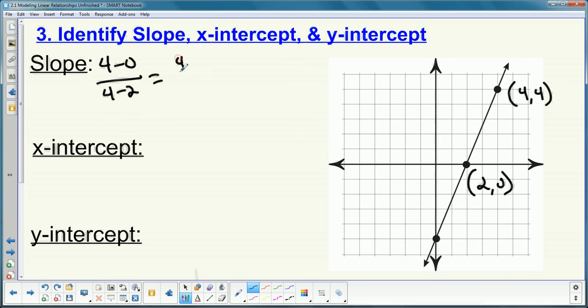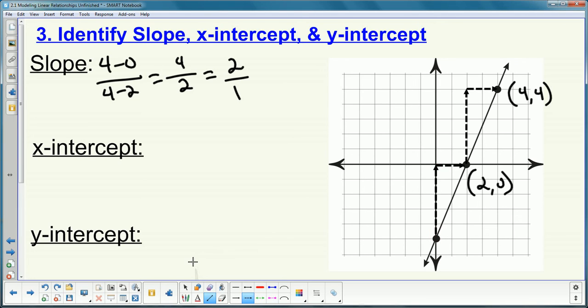So 4 minus 0 is 4, over 4 minus 2 is 2, which is going to give us 2, or if we want to write it as a fraction, 2 over 1. Which makes sense because if you look at what we got here, we go up 4 units. And then we go to the right 2 units. Now we could have used this point down here. You'll notice the same idea. We go up 4 units and then we go right 2 units.